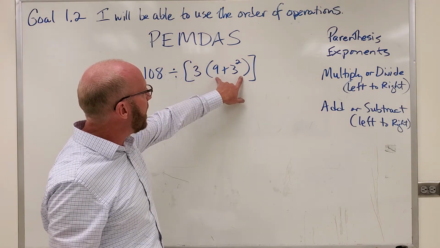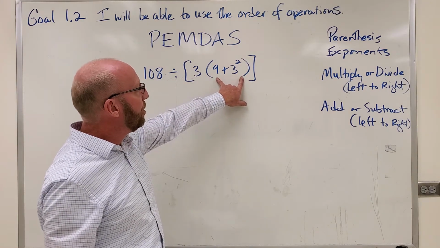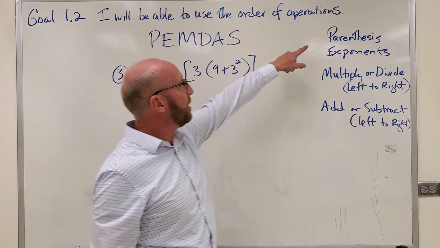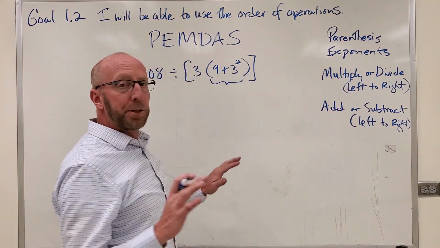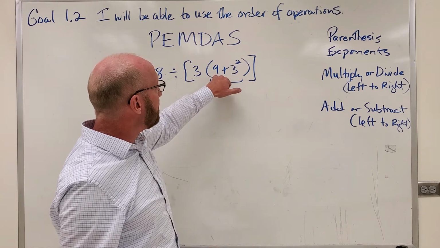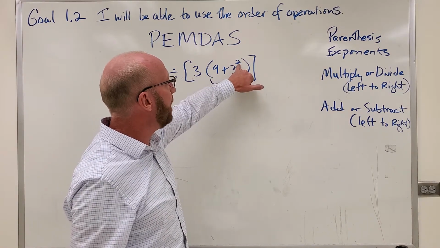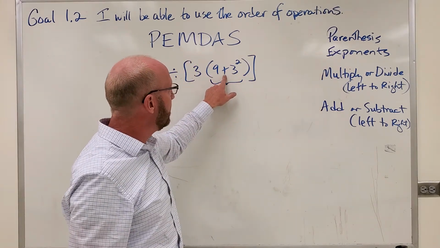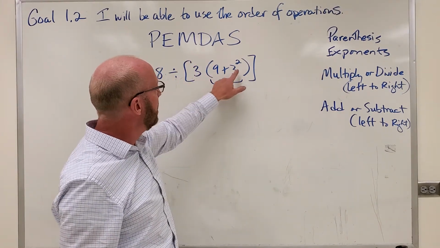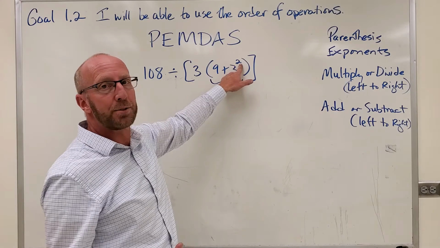But inside the bracket, I have a parenthesis. So I'm going to do the parenthesis first, the 9 plus 3 squared. But 3 squared is a power, so I have to solve the exponent before I add. Exponents come before addition.